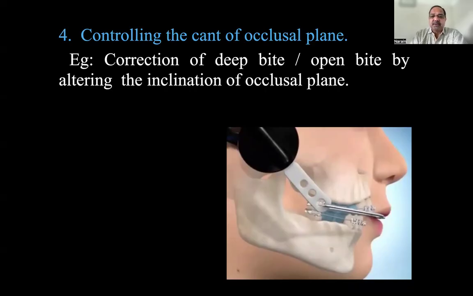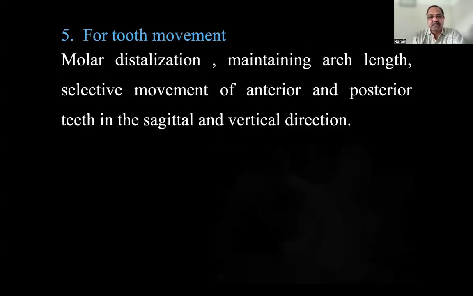Number 4 is to control the occlusal plane cant. Like in deep bite cases where you want extrusion of posteriors and intrusion of anteriors, headgears are used, or in open bite cases where you want intrusion of posteriors and extrusion of anteriors. You can use it along with the fixed appliance, or you can use it as a splint.